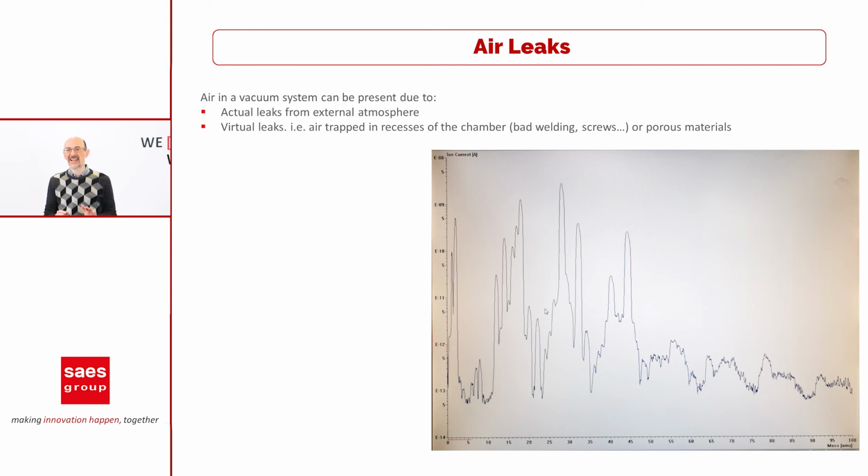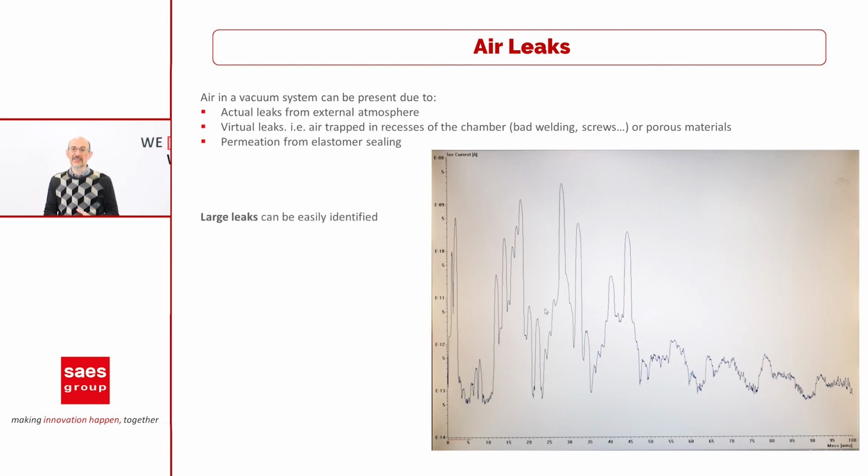In particular, the latter should be absolutely avoided in UHV. The problem with virtual leaks is that there is a small conductance between the air volume and the pumps, so it takes really a lot to empty them. Then air can leak into the vacuum system due to permeation from elastomer sealing.